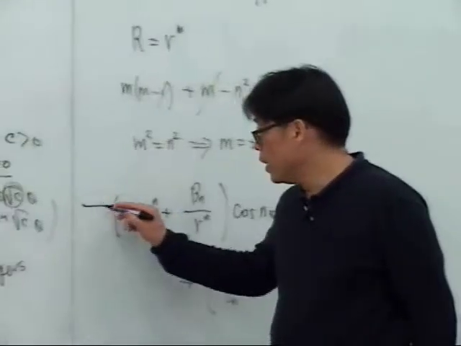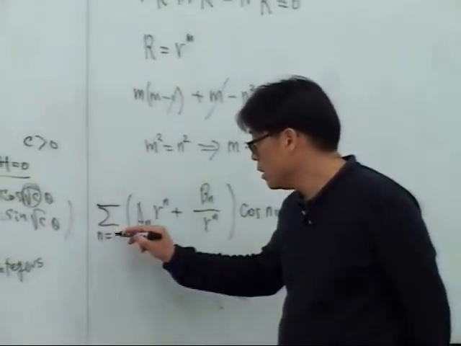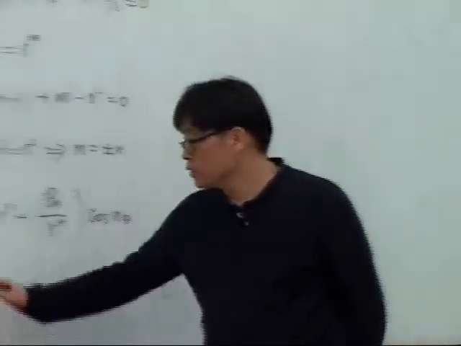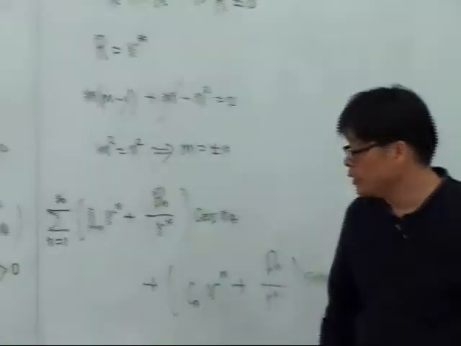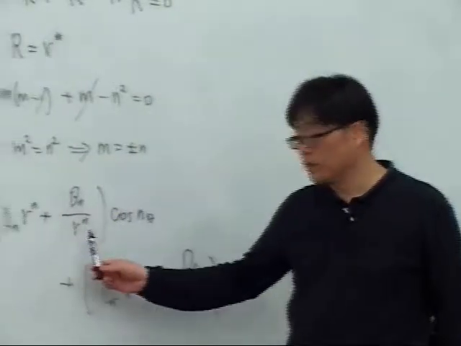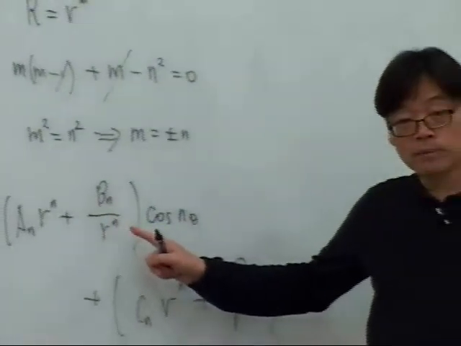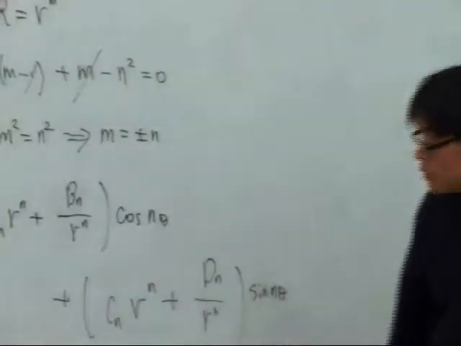And n is an integer, so I have to take summation from 1 to infinity. Here it is a positive integer. It doesn't matter, if you put a negative, this becomes a positive power. So I don't have to include the negative part.